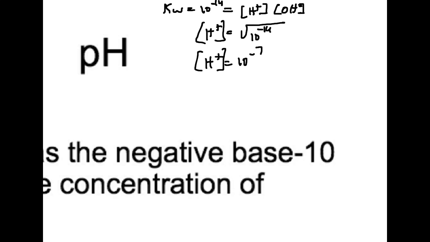What Sorensen found out was that the hydrogen ion concentration in any solution ranges from 10 to the minus 2 and minus 1 to 10 to the minus 14 molar. These are small numbers.